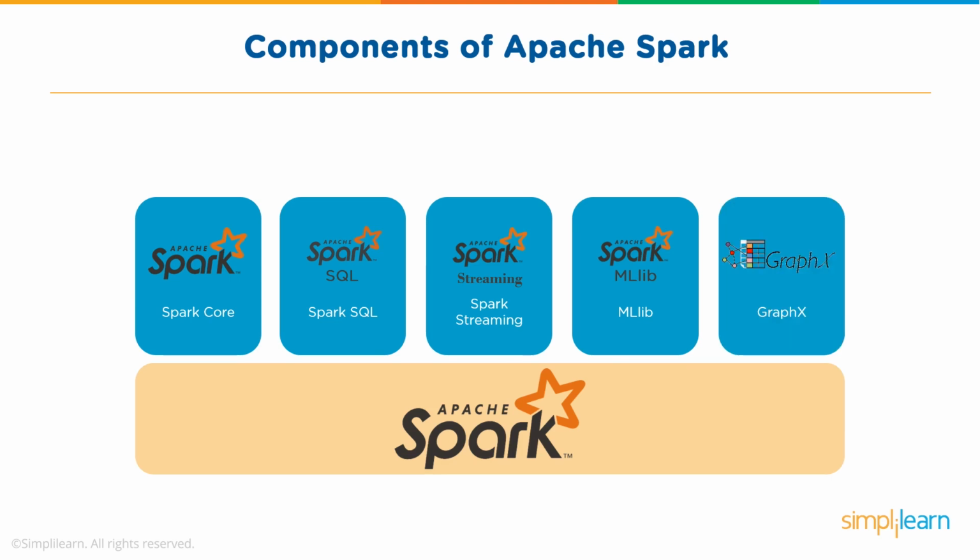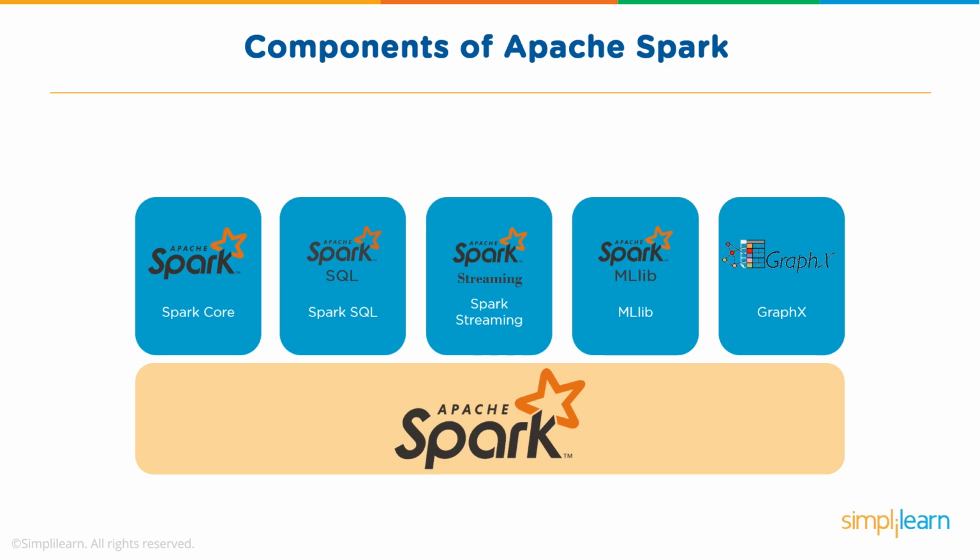And then you have GraphX. Think about organizations like LinkedIn or Twitter, where you have data which naturally has a network kind of flow, data which could be represented in the form of graphs. When I talk about graphs, I'm not talking about pie charts or bar charts, but network related data, that is, data which can be networked together and can have some kind of relationship.